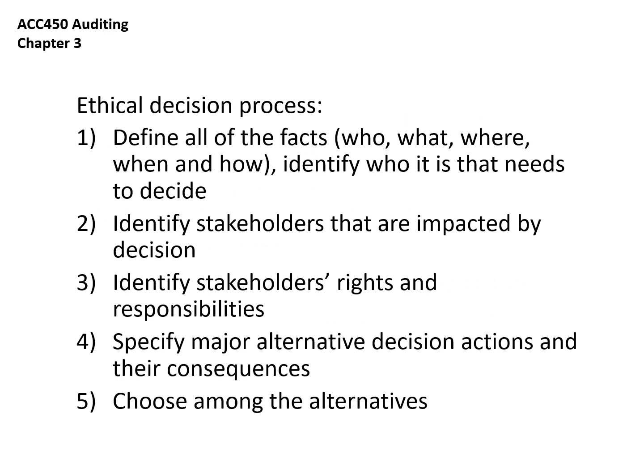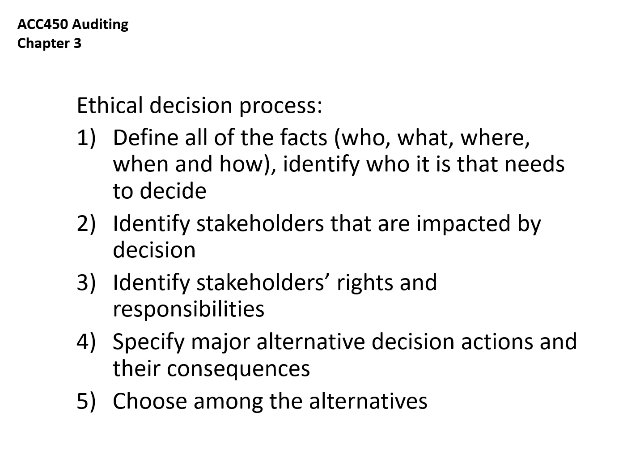So a basic structure for an ethical decision is, first of all, to define all of the facts, okay, and identify who it is that needs to make the decision. In this case, it might not be the auditor. It could be the controller at the company or the CFO or the owner of the company, not you. So what are all the facts in the situation, and who is it that's responsible for deciding the action? Next, identify all the stakeholders that are impacted by the decision. So that might be the bank, it might be other lenders, it might be shareholders, it might be employees.